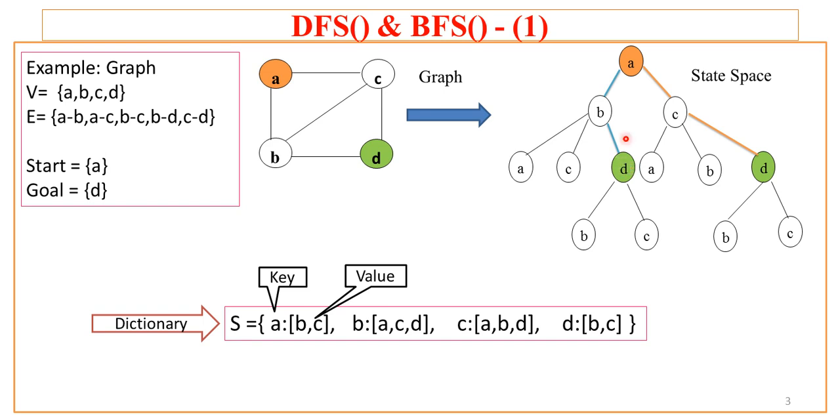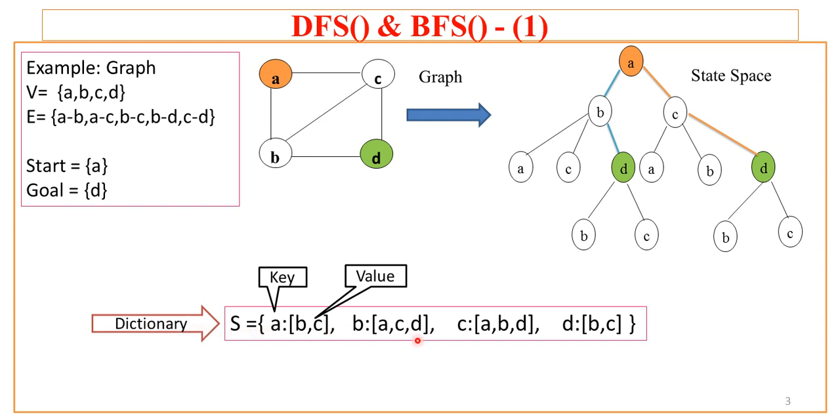Here one needs to use a proper data structure to represent the state space, and that may be an adjacency matrix or adjacency list. But in case of Python, dictionary is the most suitable data structure.